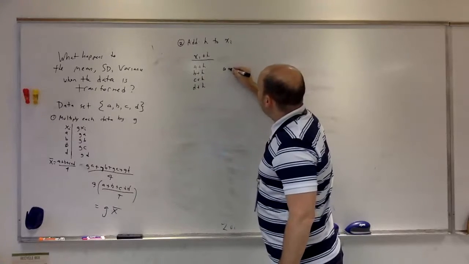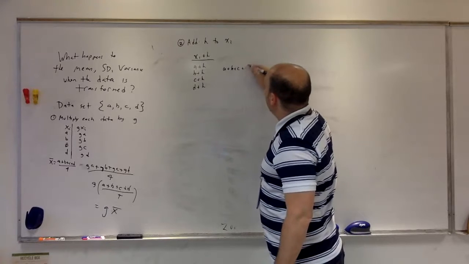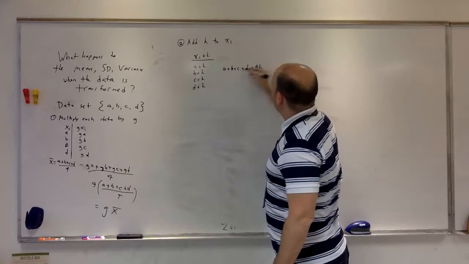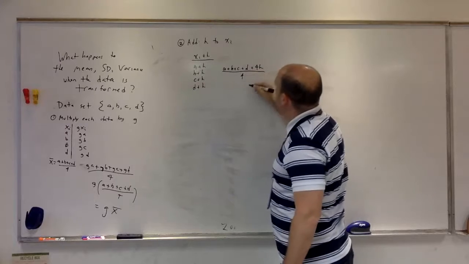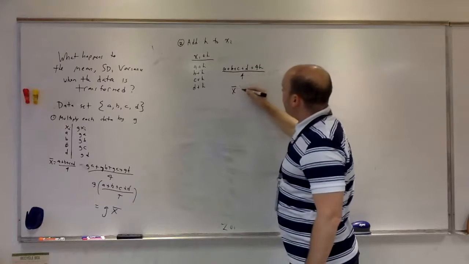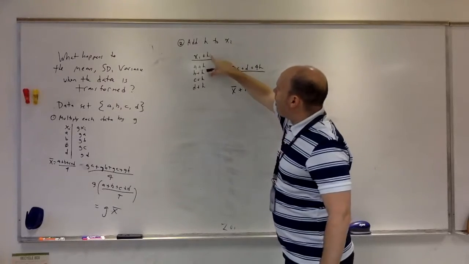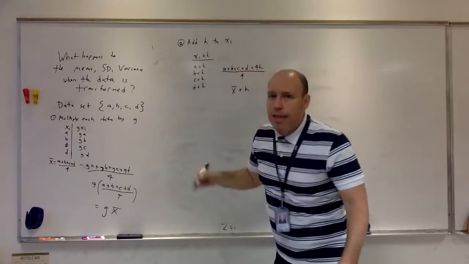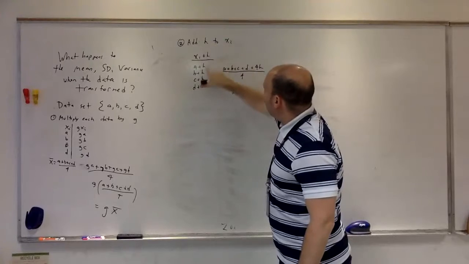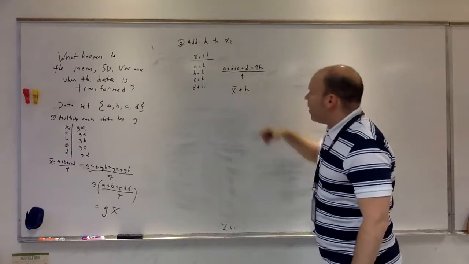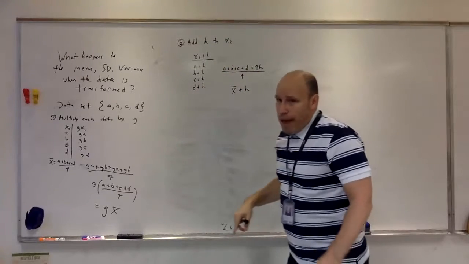So we have a plus b plus c plus d plus 4h divided by 4. We have the mean plus h. So when we add h, a constant, to all the data values, the mean gets added by h.